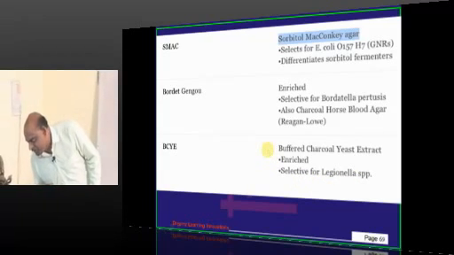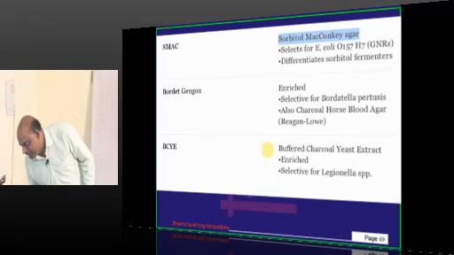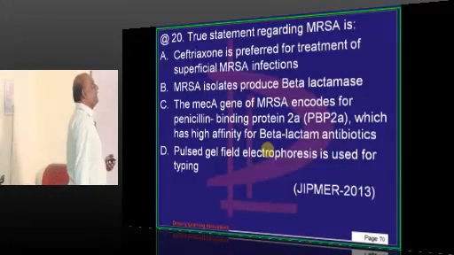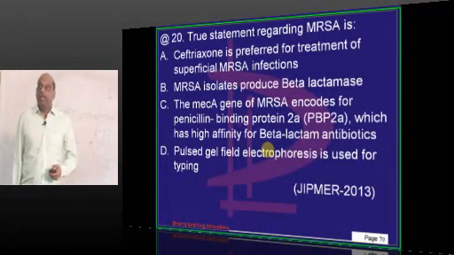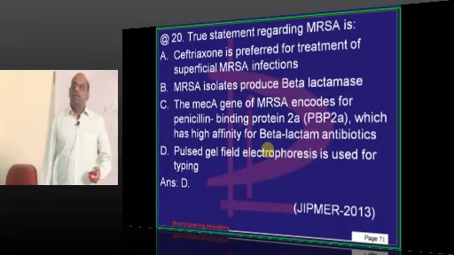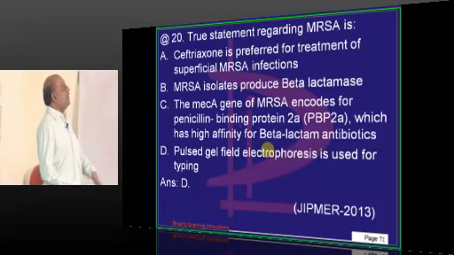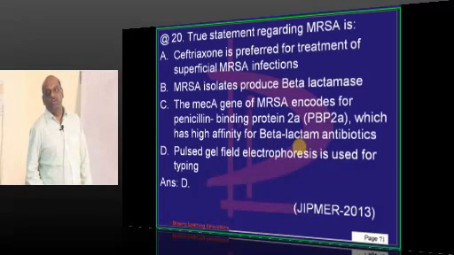Shweta rightly said buffered. Khalil should answer. I am waiting for it. And Raj is saying BCYE. Very good, doctor. Very good. MRSA: we use pulsed field gel electrophoresis in order to do the typing, which is true.